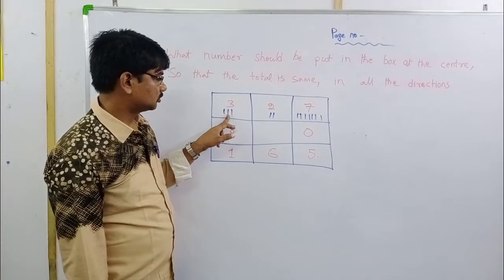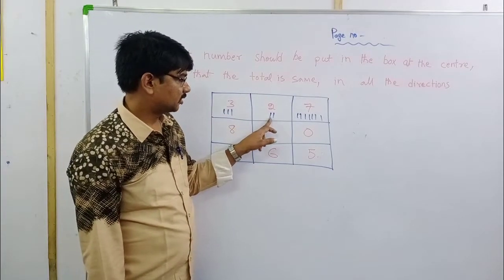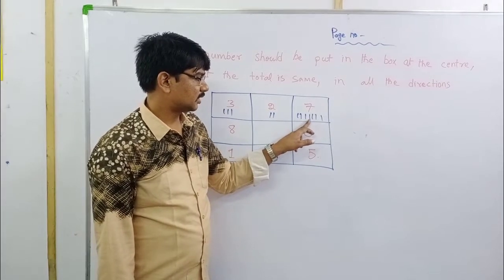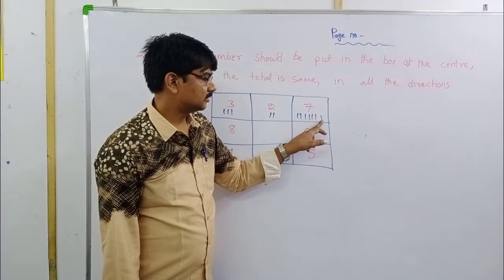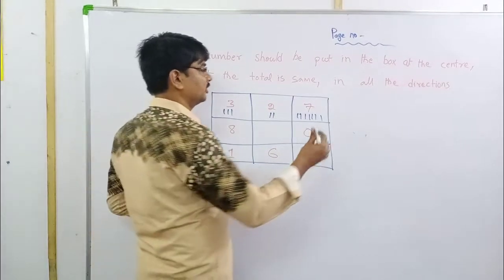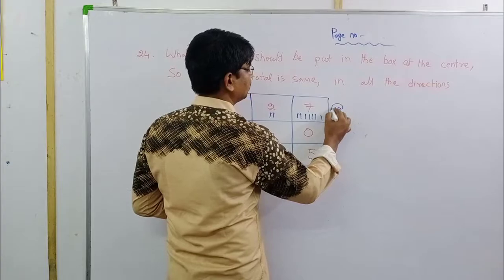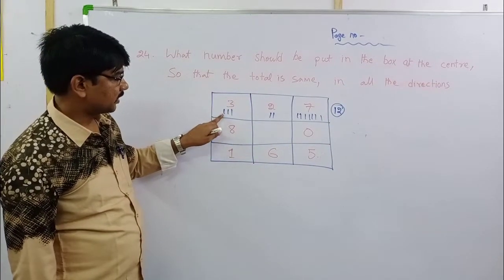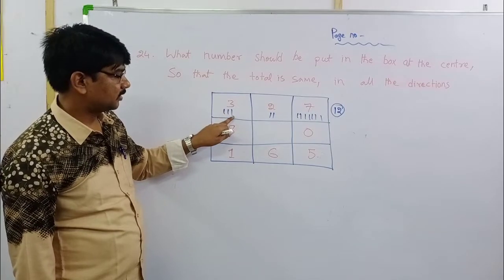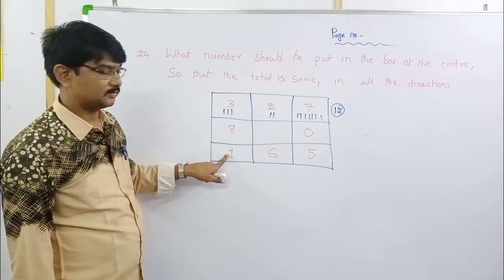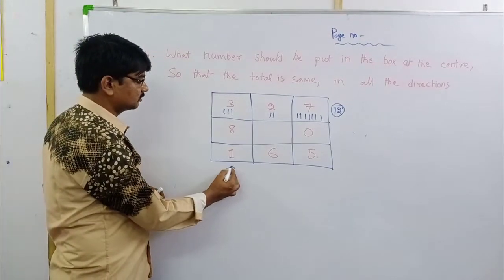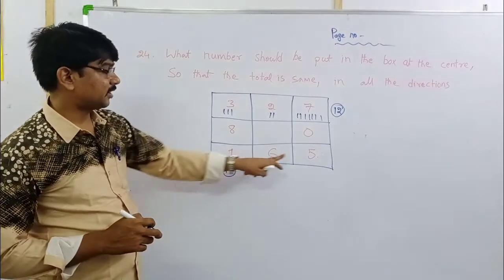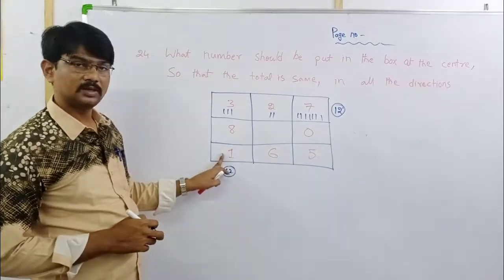1, 2, 3, 4, 5, 6, 7, 8, 9, 10, 11, 12. What should the total be? 12. Here also 8, 9, 10, 11 and 1, 12. Here also 12 is coming, right? 6 plus 5, 11 plus 1, 12.